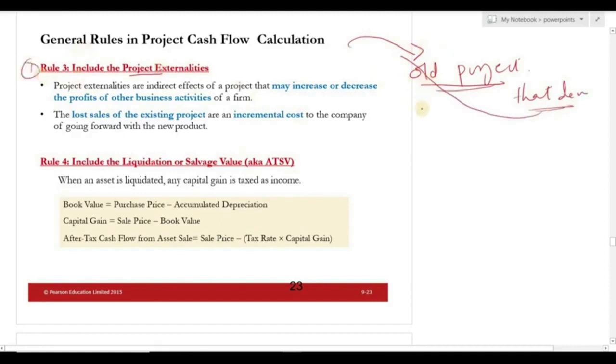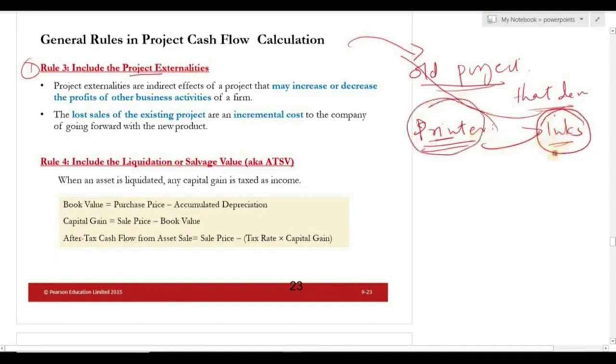Or for instance, if we are introducing a new project or making a printer, it will also increase the sale of the inks, right? So these are the externalities. Because of this project, something is happening with the inks also. So with the increase in the sale of the printers, the sale of the inks will also increase. Okay, so we should include this one in our estimation.